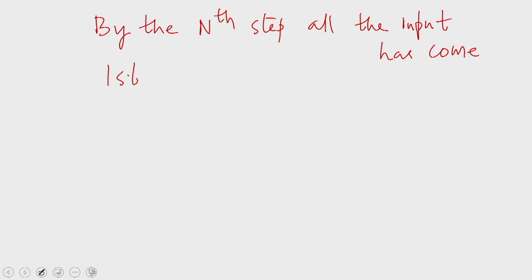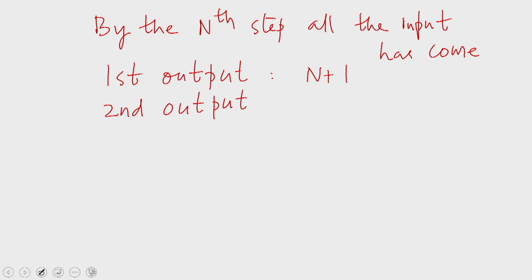So, the first output, which is the smallest of all the elements, happens in the n plus first step. The second output happens in the n plus third step.